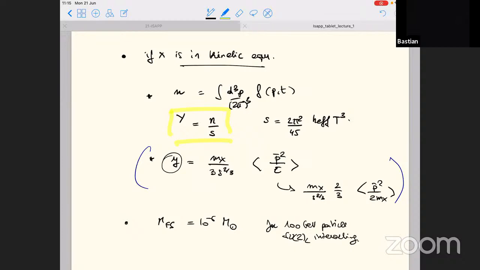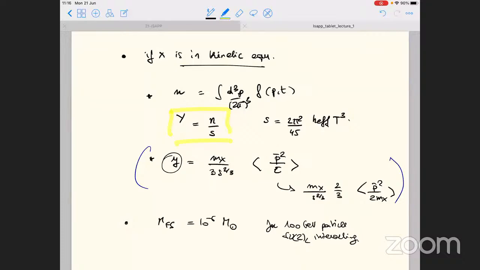Just to clarify something, the free streaming concept here is important because it is related to the structure formation epoch, right? Exactly. The point is that the scales we are considering are not linear. These scales have become non-linear a very long time ago, and there are many more things that have happened since just the free streaming of my particle.